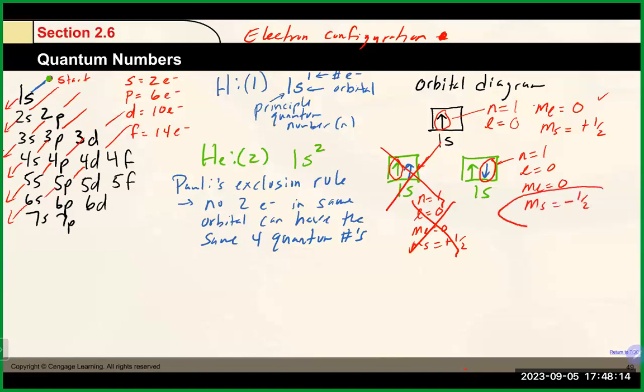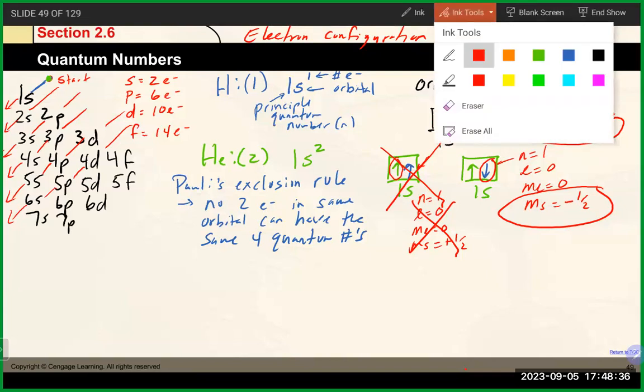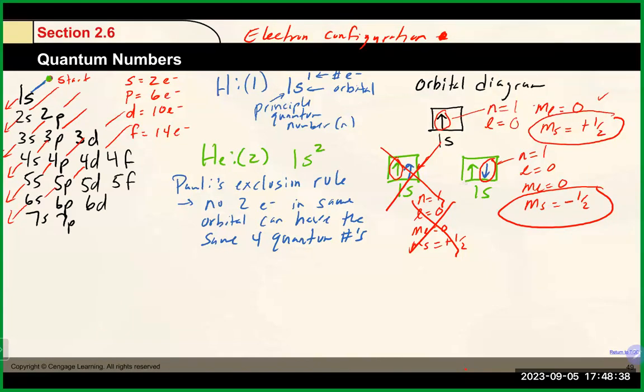That difference between the first and second electron means they do not share the same four quantum numbers, so it does not violate Pauli's exclusion rule. This is the reasoning for one up, one down. This type of arrangement, with an electron up and down in opposite spin, is sometimes referred to as the spins being paired.